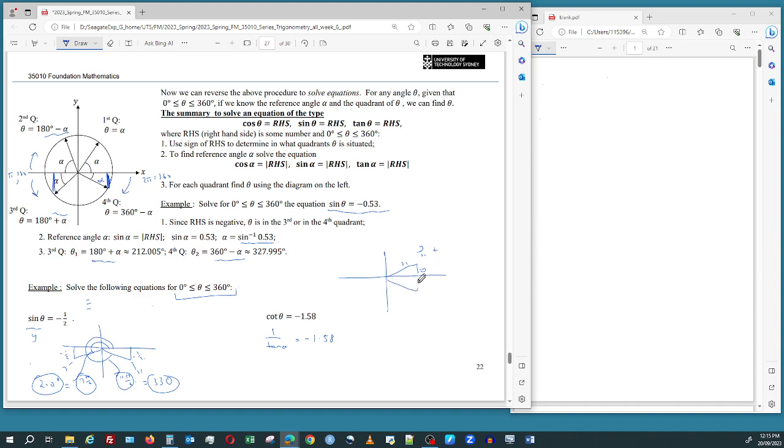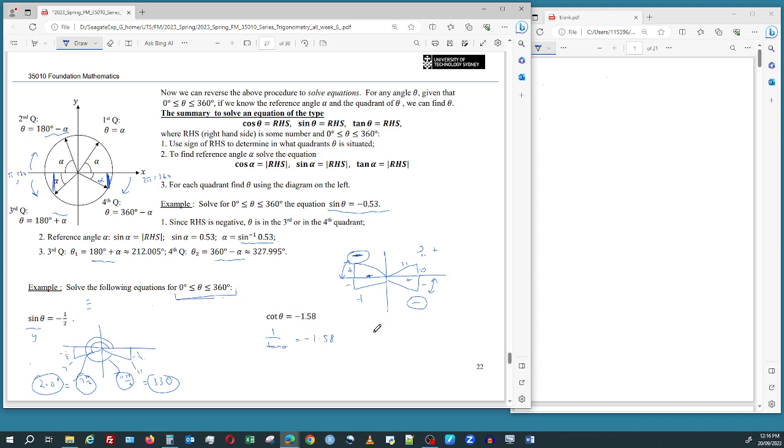Here one's a positive and one's a negative, so it's negative there. Here they're both negative, so that's a positive, and here one's a positive and one is a negative, so there is a negative. So those two results exist there. This one's short of 180, so it's 180 minus whatever the angle is, and this one's short of 360. It's just a way of getting both of those, because we're told 360. Sometimes you're not told that.